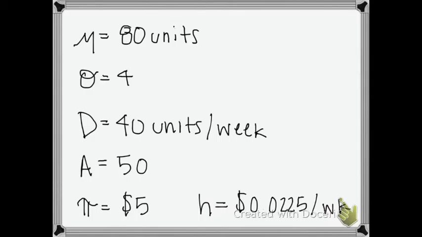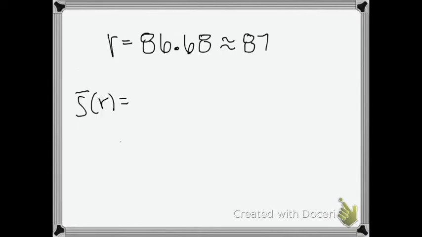In order to focus on the integral we derived, we will skip initial equations and go straight to the reorder point. The reorder point is equal to 86.68 units. Rounding up, we can get that to equal 87 units.